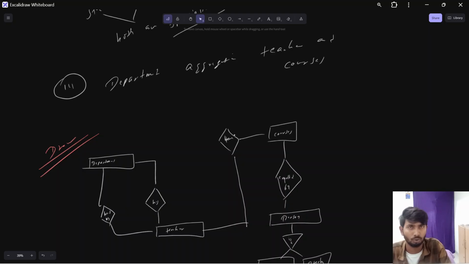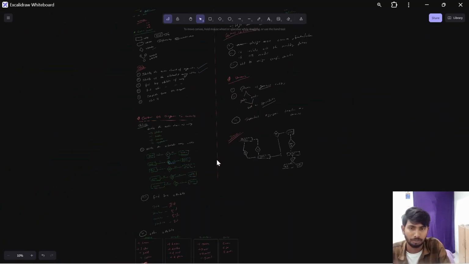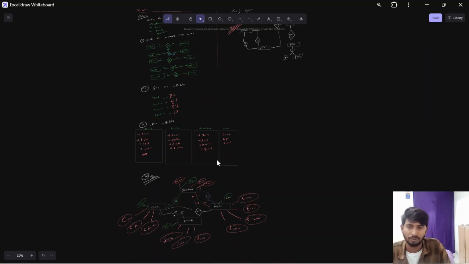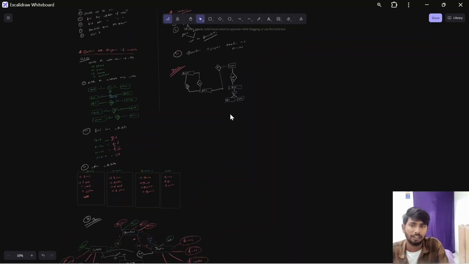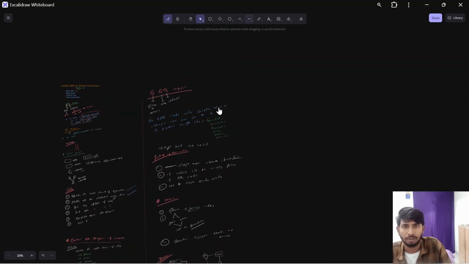I will give you the notes. Now look at both the diagrams. This one looks complex, and this one is easier. Okay, now we are done with the second one also.